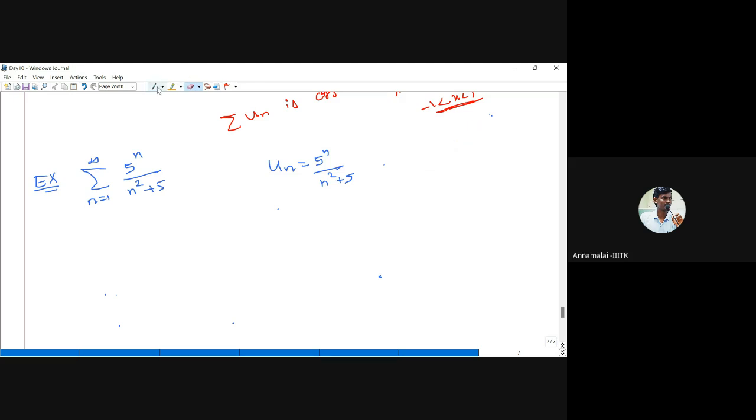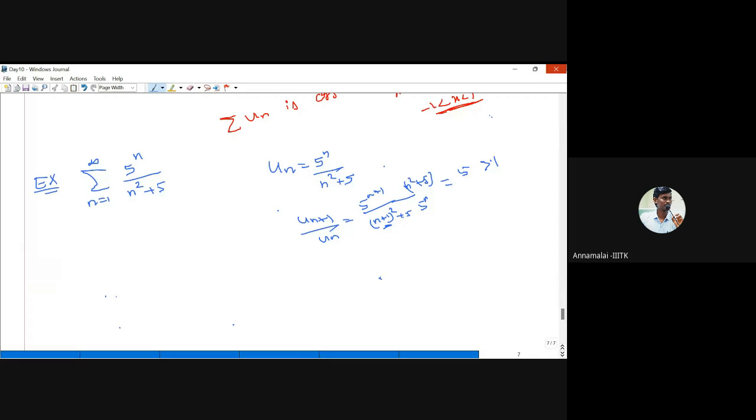So un plus 1 by un is 5 power n plus 1 by n plus 1 square plus 5, times n square plus 5 by 5 power n. We can cancel 5 power n. We have 5, and taking n outside, this is 5, bigger than 1, therefore it is divergent.